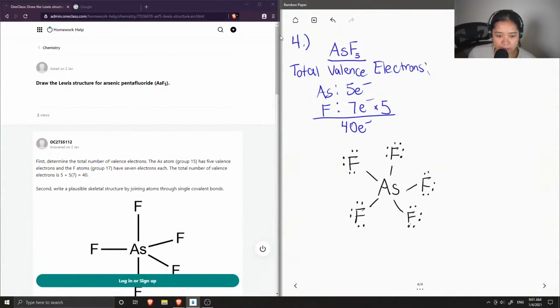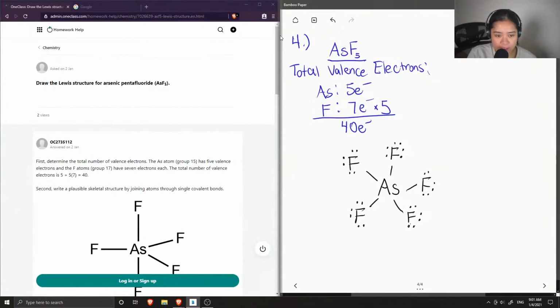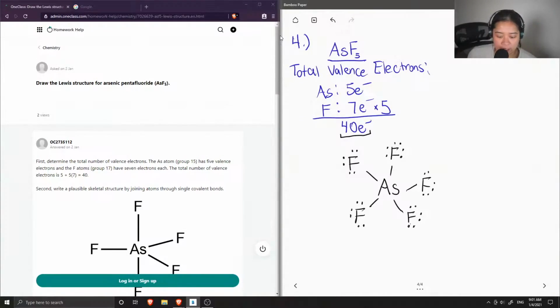So I need 30 more, but each fluorine contains 6 electrons that are in the form of lone pairs. And there are 5, so 6 times 5 is 30, so I have reached my 40 electron count, and I don't need to draw anymore. So this is the final Lewis structure for arsenic pentafluoride.